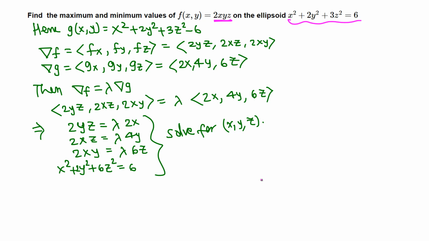Okay, let's solve this. We can always isolate lambda from here. Lambda is never 0, so then we can get a couple of equations. The idea here is from the first we can get x equals something, and here we can get y equals something, and z equals something, and plug in here.